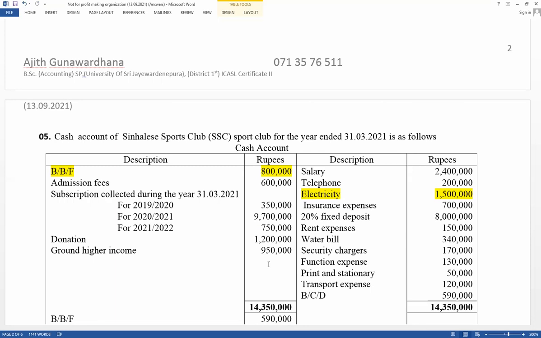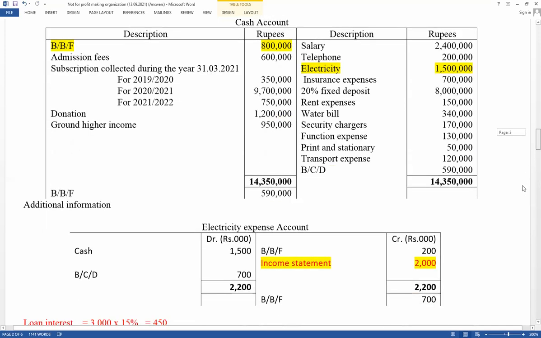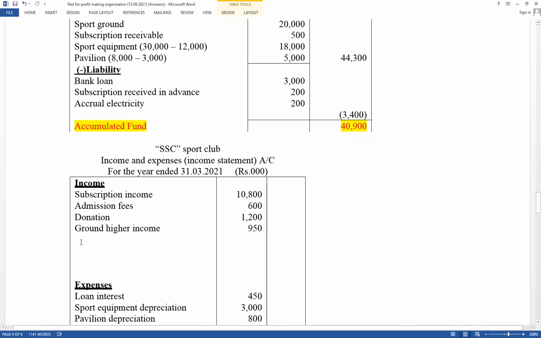Think, 6 months available. Therefore, under income as FD interest income, the 6-month value should be recorded as fixed deposit interest income.